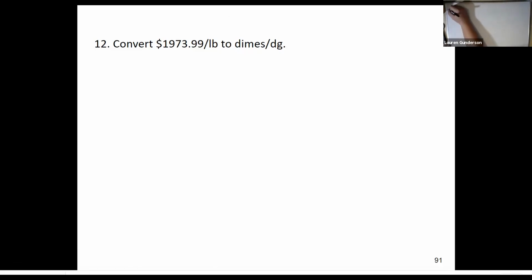So we're starting here. We have $1973.99 per pound. We want to convert that into dimes per decigram.